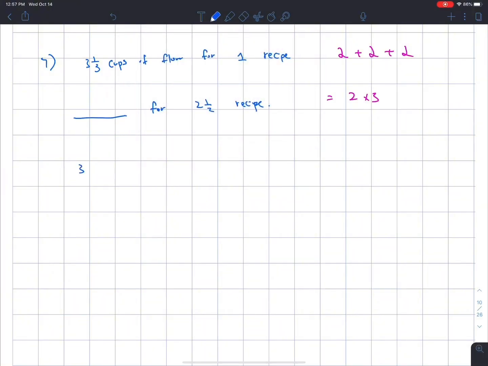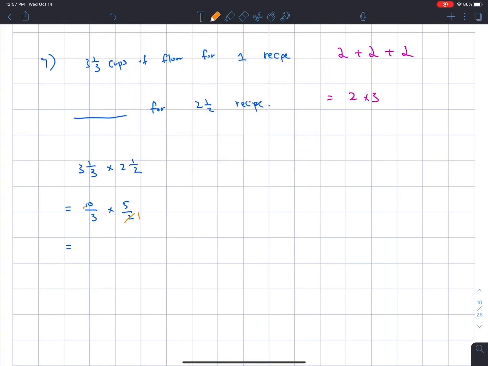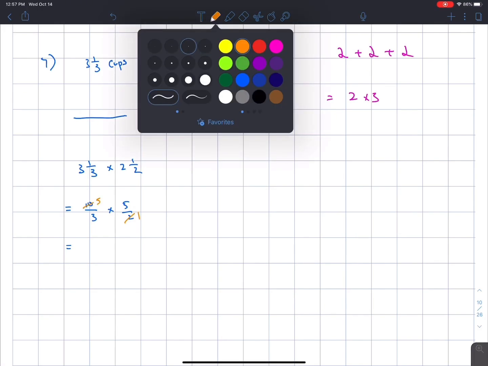So all I need to do is just use 3 1/3 cups of flour for one recipe times 2.5 recipes. 3 times 3 is 9, plus 1 is 10, so 10 over 3 times 2 times 2 is 4, plus 1 is 5. We simplify before we multiply, divide this by 2 to get 1, divide this by 2 to get 5.